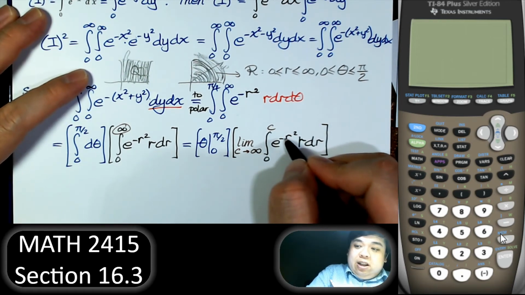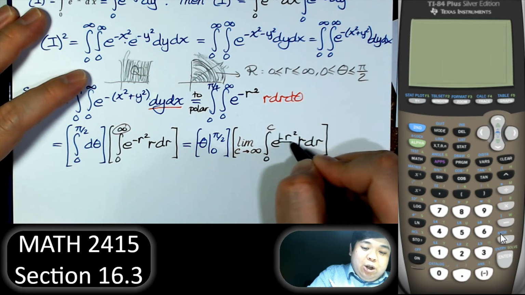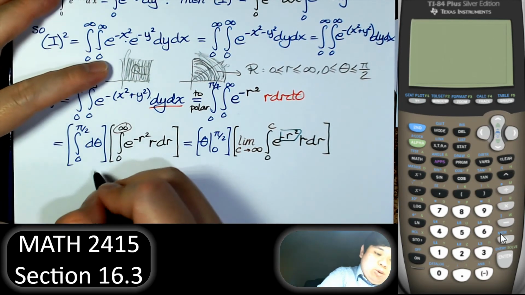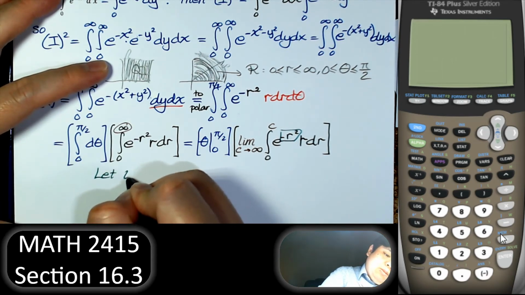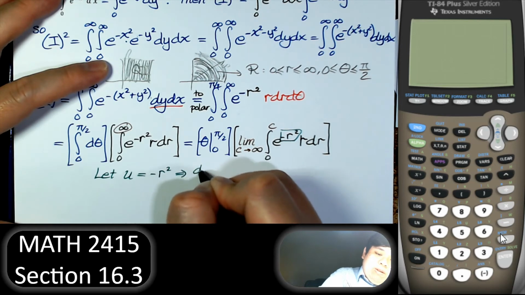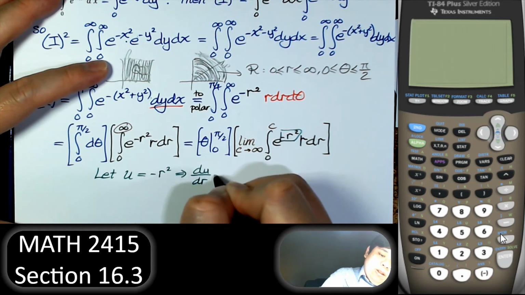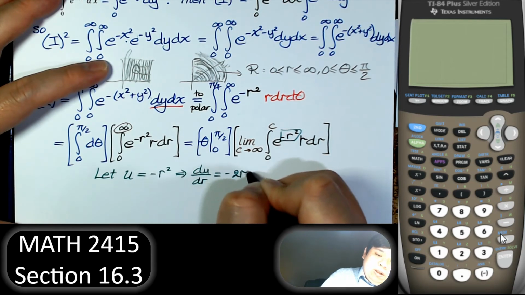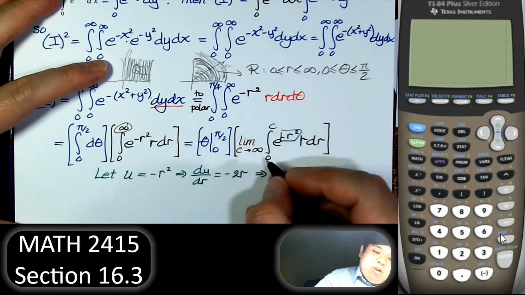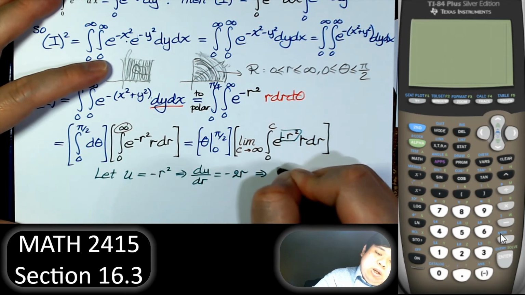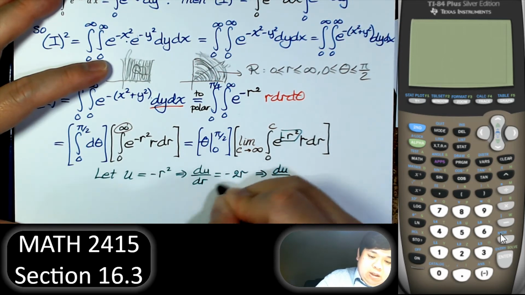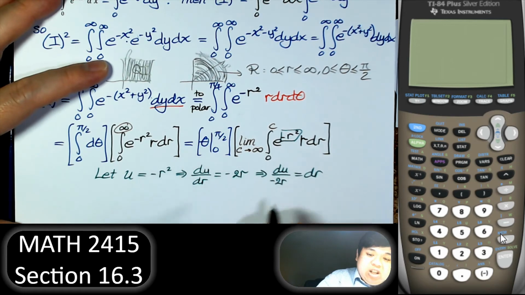Now, the nice thing about this is if we let u equal this, there's an r for the substitution. So that's exactly what we do. Let u be negative r squared. We take the derivative, multiply by dr and divide by negative 2r. So du over negative 2r is equal to dr. That's good.